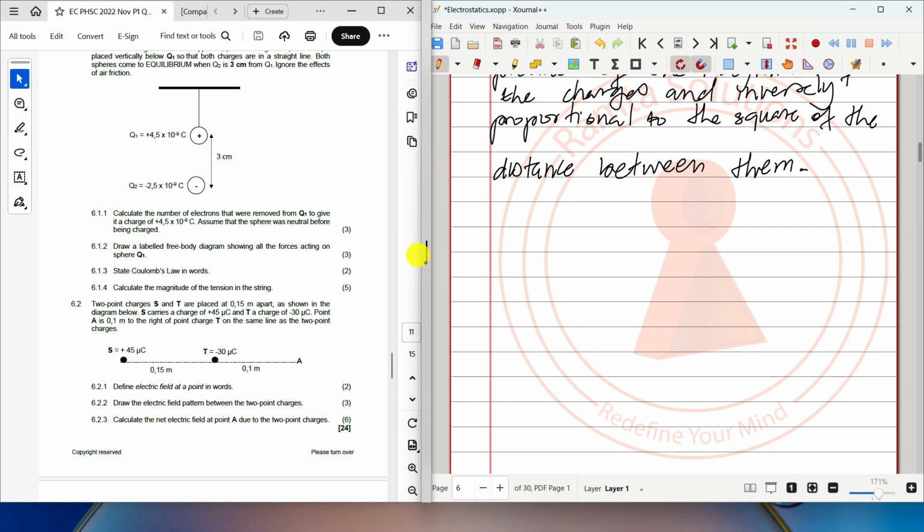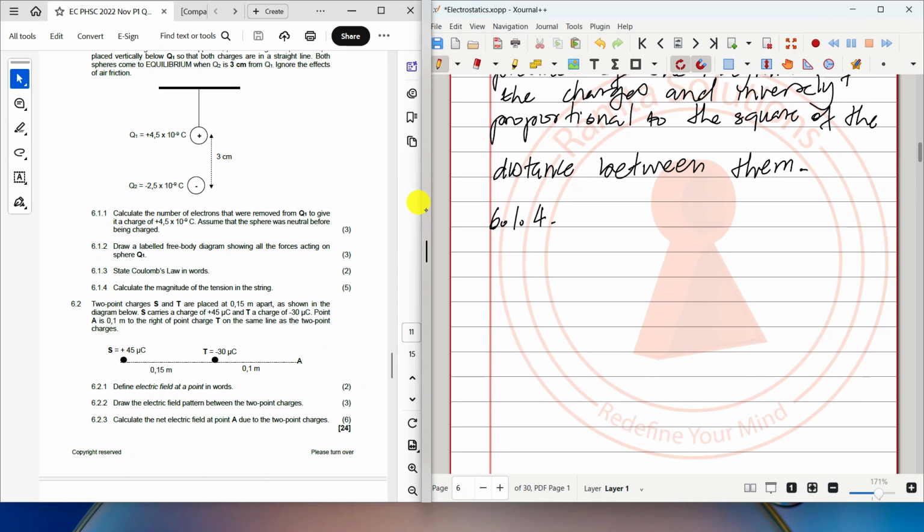So we good. We have our 8 marks so far. Now, 6.1.4, calculate the magnitude of the tension in the string. Here, guys, you can basically use Newton's second law of motion, or it's totally up to you whether you do individual calculations.